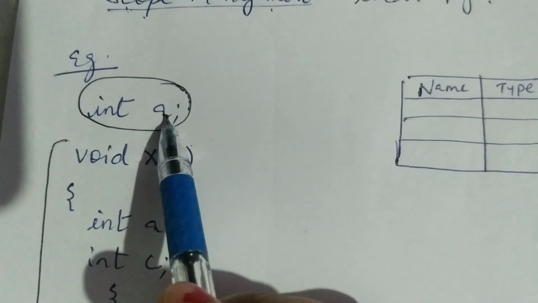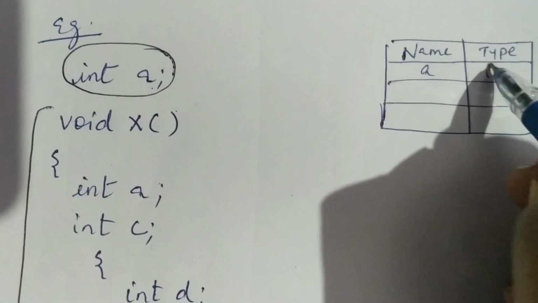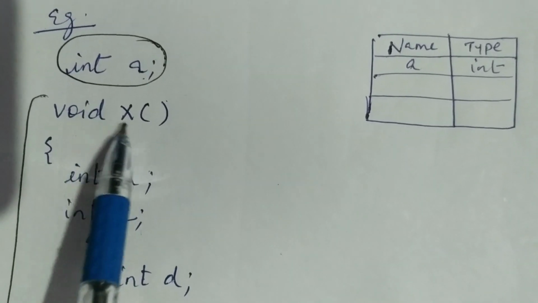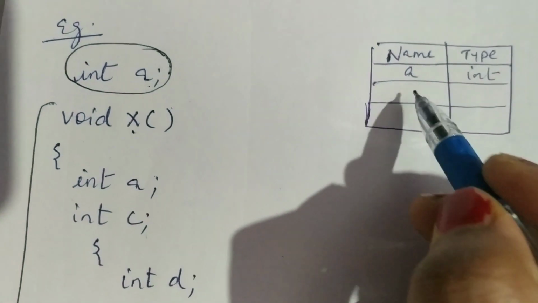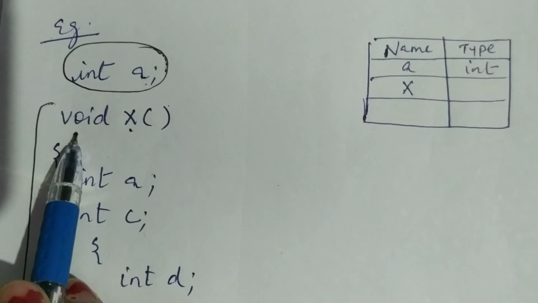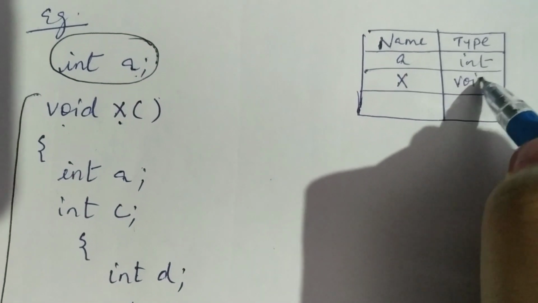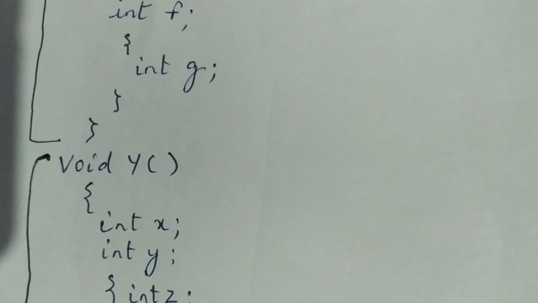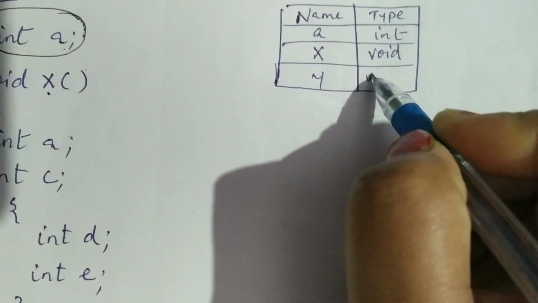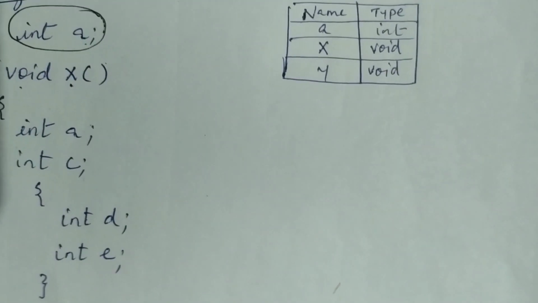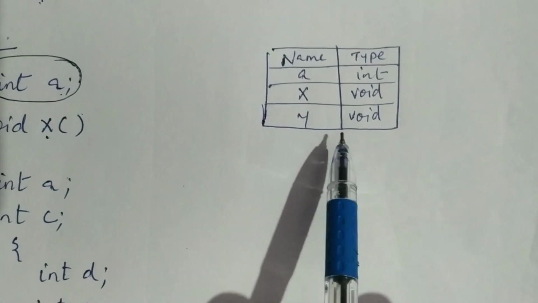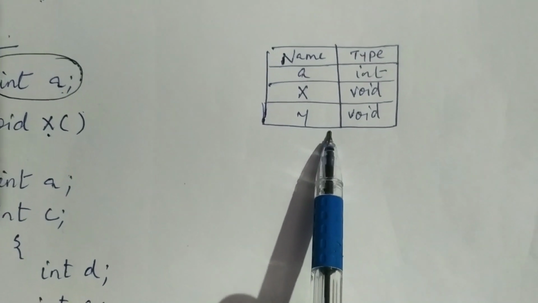First, name is a, type is int. Next we have x and type is void. Next we have y and type is void. Now all the independent blocks have been represented in the symbol table.